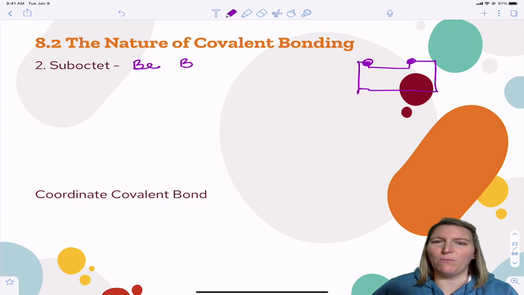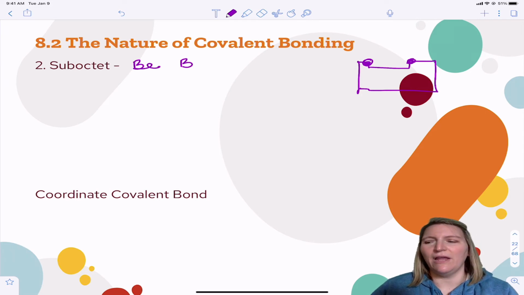Beryllium is a metal, and boron is a metalloid. So beryllium should never even make covalent bonds, but one of the things we have oversimplified throughout the course so far is that bonds are either ionic or covalent. In reality, there's an area in between where they are more covalent than ionic or more ionic than covalent.